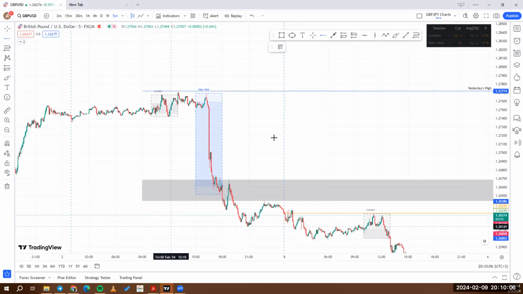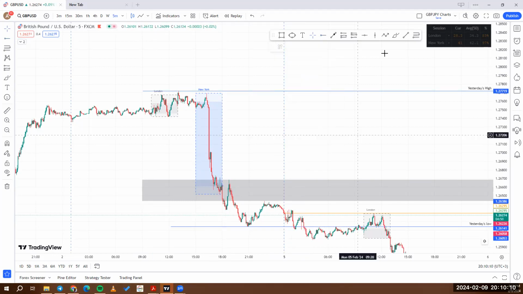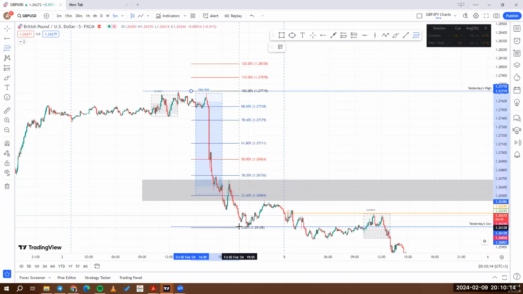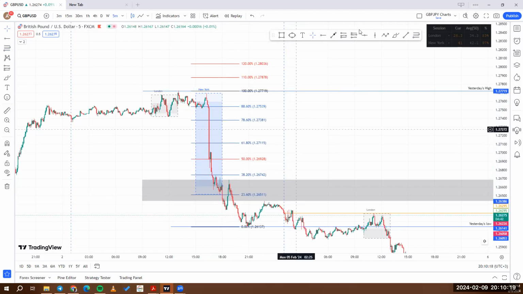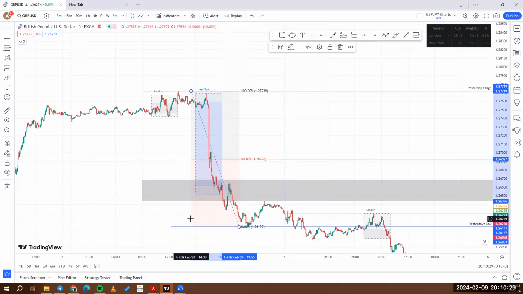So that's the high of Friday and the low of Friday. And then in between, I look for equilibrium. I'm just looking at the midpoint, so that I can divide Friday into a discount and a premium.